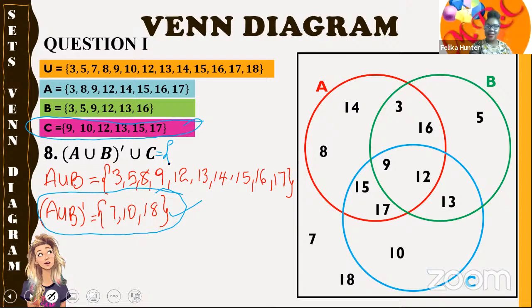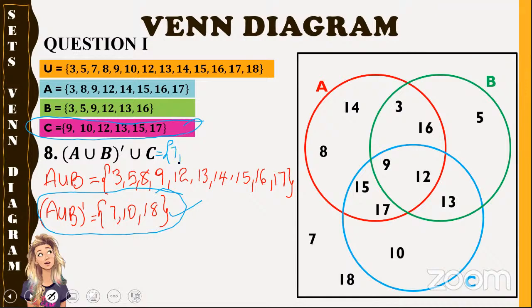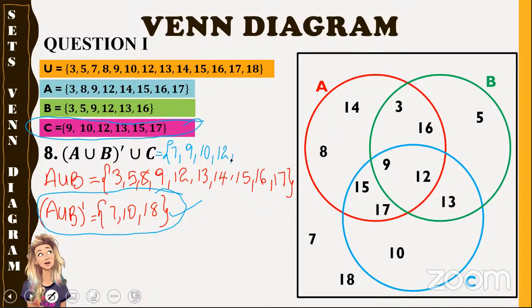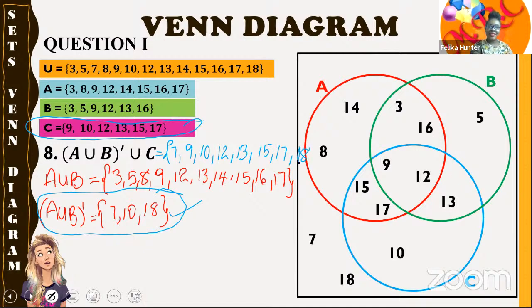So tell me what's in both sets. 7, 9, 10, 12, 13, 16, 17, 18. Well done. Understand now? Good job. So there goes A union B complement union with C. All right, so go to the next one.